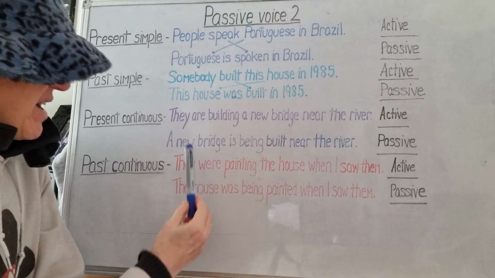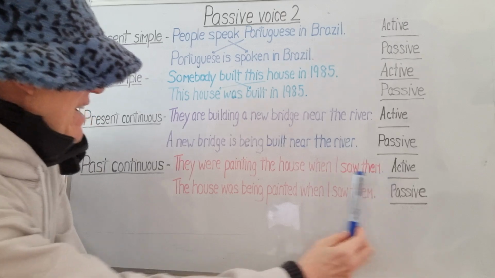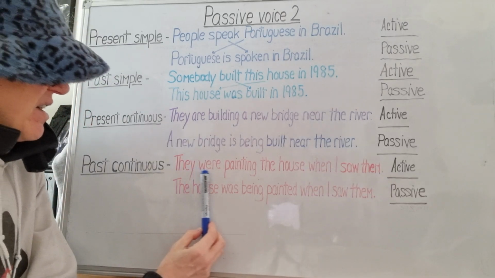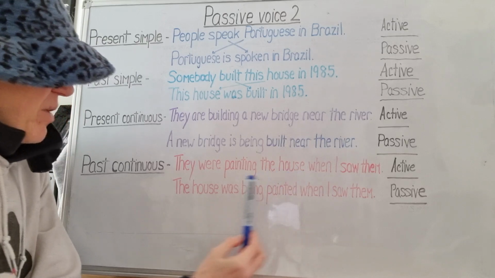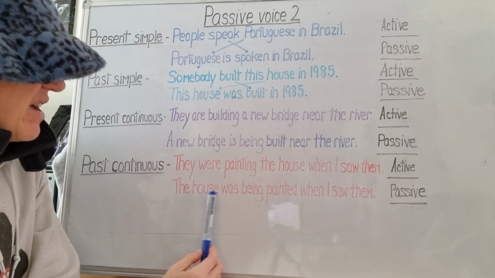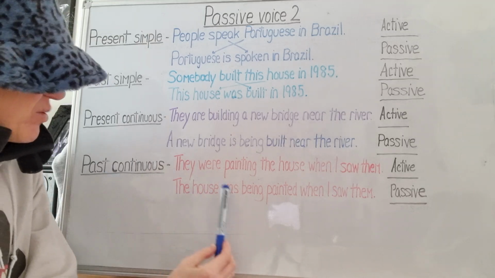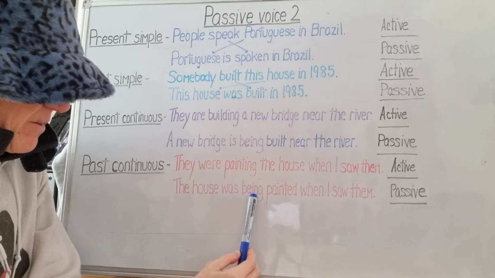Past continuous. They were painting the house when I saw them. That's the active sentence. Subject, verb, object. We take our object, we make it the subject of the passive voice sentence. The house, remember, past continuous, was or were. In this case, the house was being.